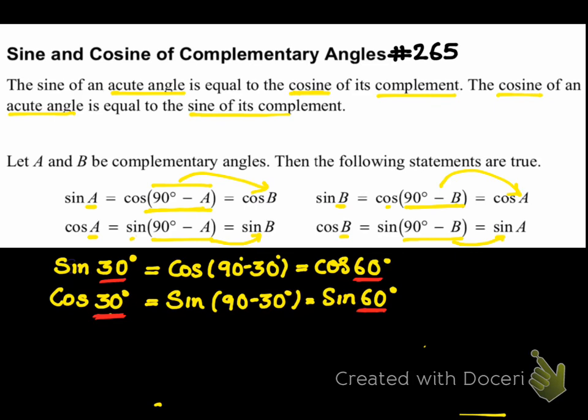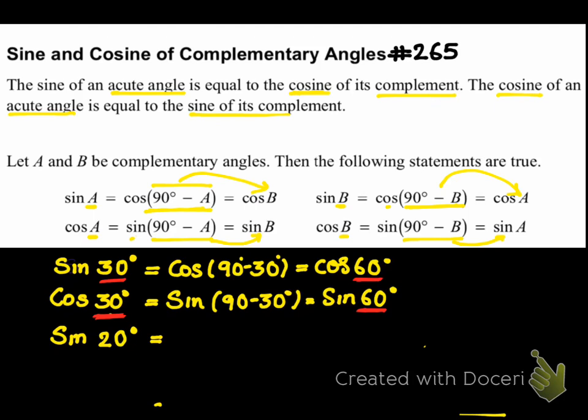Same way, let me give you one more example. Suppose I have to find sine of 20 degrees, what would it be? Can you think about it? You can pause the video and check whether you get the correct answer, or if you're okay, let me do that.